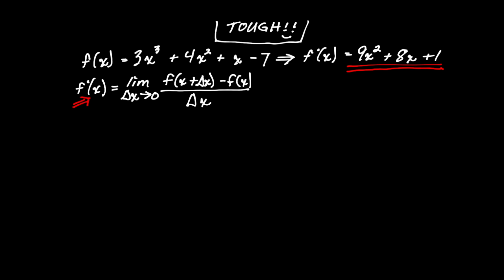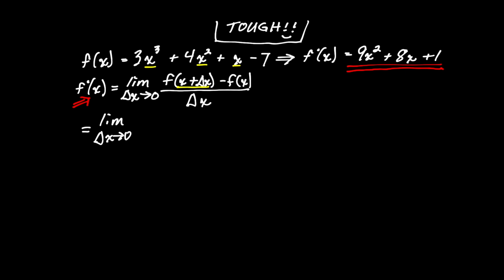So go ahead, make our substitutions. This is going to be the limit as delta x approaches 0 of, okay, so I have to put x plus delta x in place of x in each and every one of those cases.